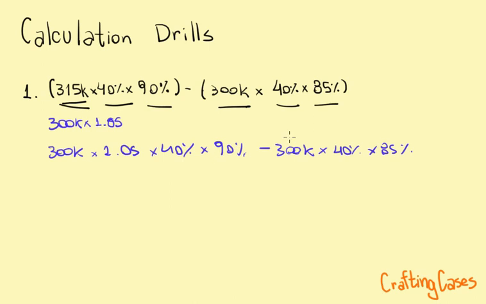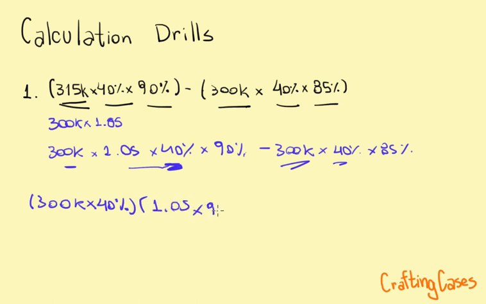What we can see here is this repeats, so we can put it out and it's gonna look like 300k times 40% times 1.05 times 90% minus 85%.